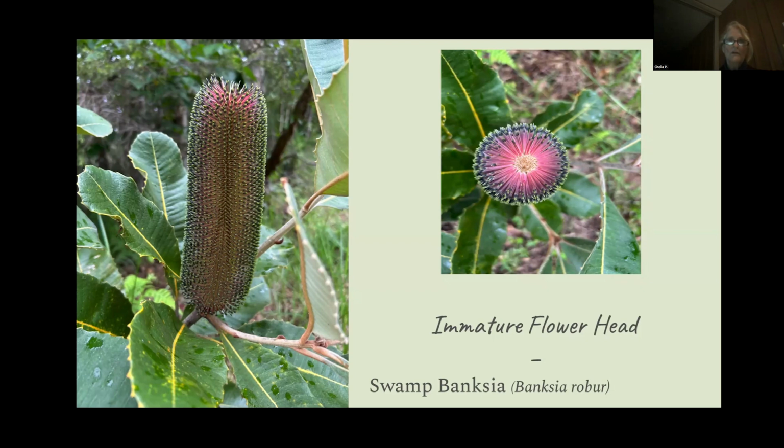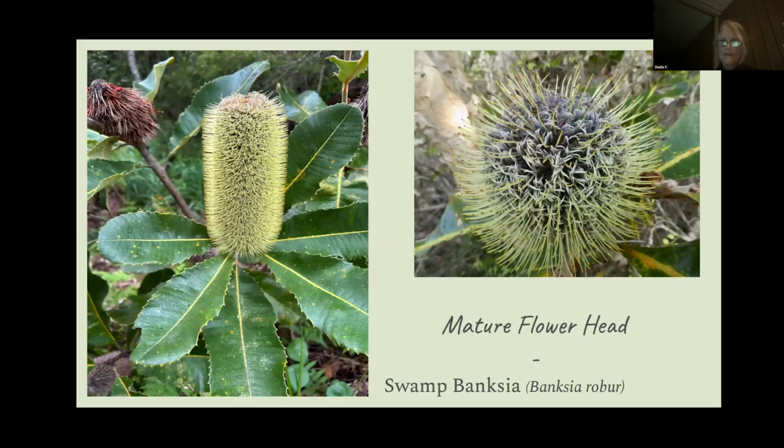When the flower matures and blossoms, it looks like this. It turns yellow. That's its color. To explain a little bit about the flower parts, there are no differentiated petals on Banksia. Instead, what looks really spiky is the style, the female reproductive part of the flower.